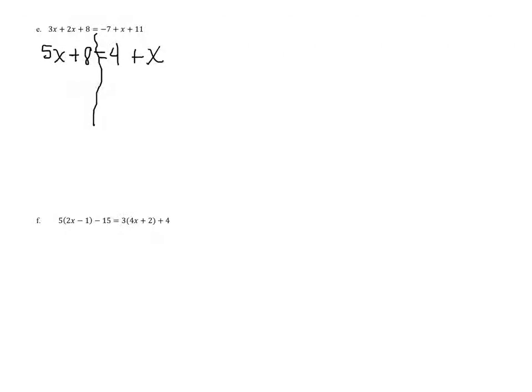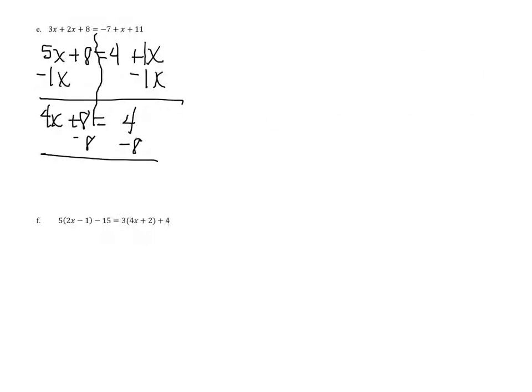So of course, guess what I'm going to do? I am going to put a 1 in front of the x, bring that 1x over as a negative 1x, and I will get 4x plus 8. I have not moved that 8. It is equal to 4. I'm going to subtract 8 from both sides. So I'll get 4x is equal to negative 4.